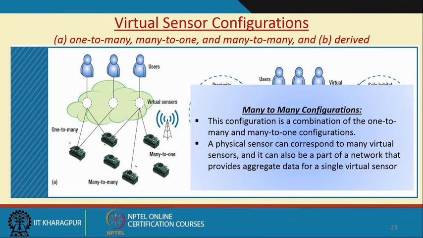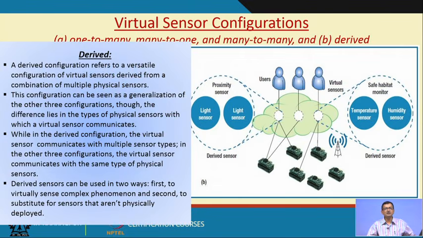We can have a combination of one to many and many to one types of scenarios. There is also a special scenario which is derived. A derived configuration refers to a versatile configuration of a virtual sensor derived from a combination of multiple physical sensors, right. So, there are virtual sensors which are a combination of derived sensors, like, say, a proximity sensor, light sensors, a habitat monitor, temperature and humidity sensors, and these are integrated to take a call.